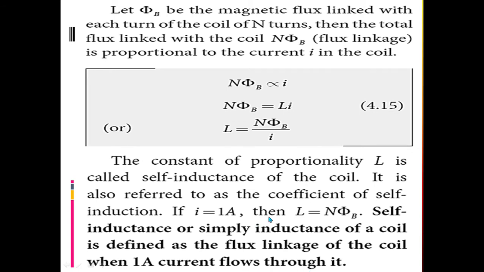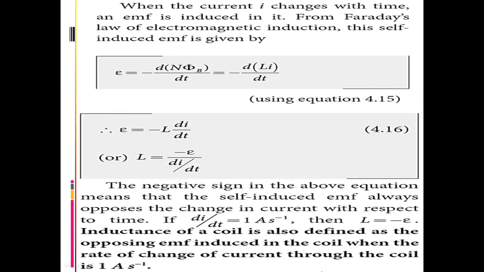So please note down this important sentence: self-inductance of the coil is defined as the flux linkage of the coil when 1 ampere current flows through it. The next step is when the current I changes with time. What happens? An EMF is induced in it.